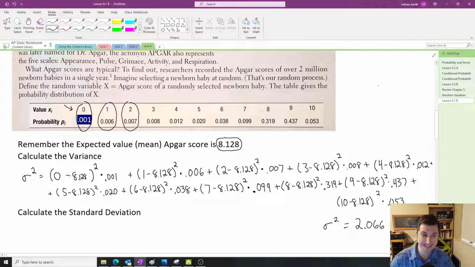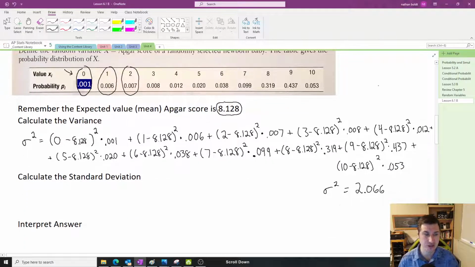We just did everything inside the square root. So if we actually want the standard deviation, we have to square root that number. So the square root of 2.066 is 1.44-ish, if you round up there. That is our standard deviation.